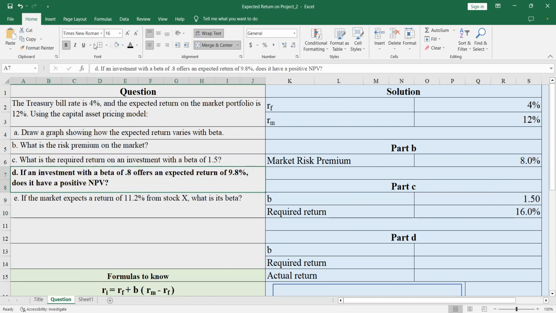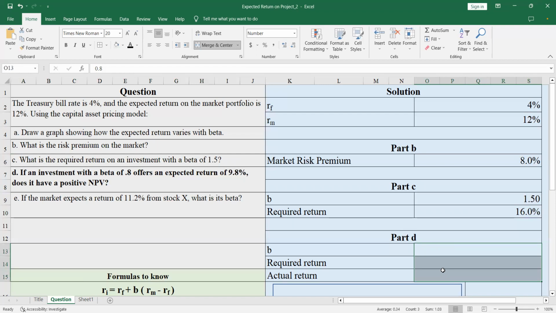If the investment with beta of 0.8 offers an expected return of 9.8%, does it have positive NPV? It's a very interesting question. We know the beta of the project is 0.8.